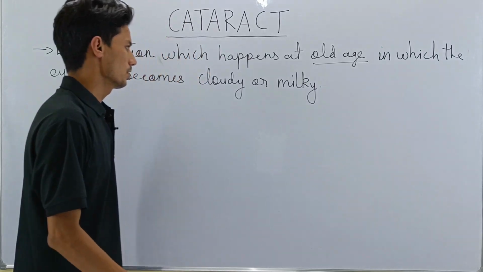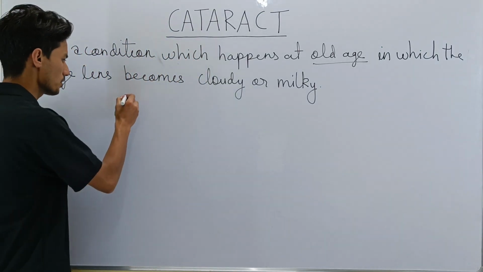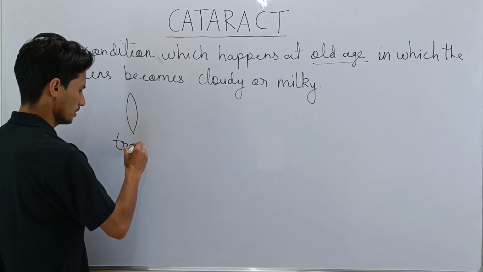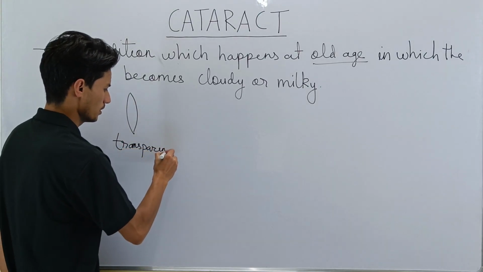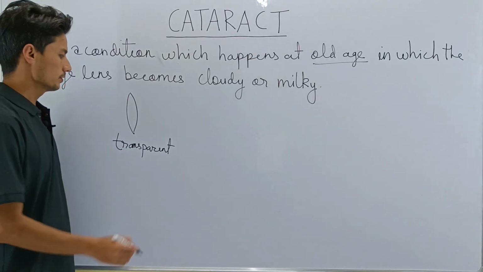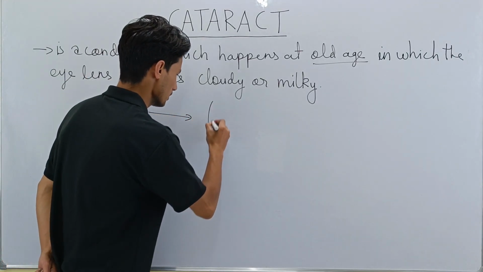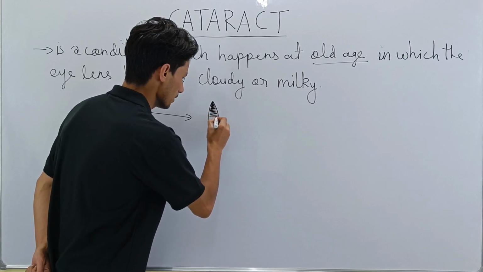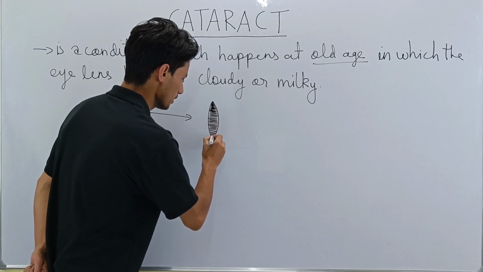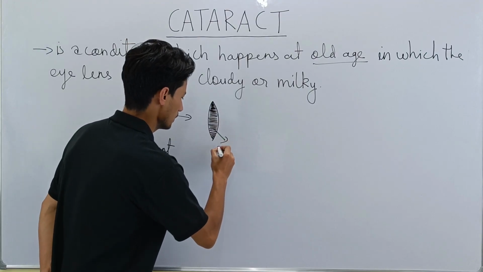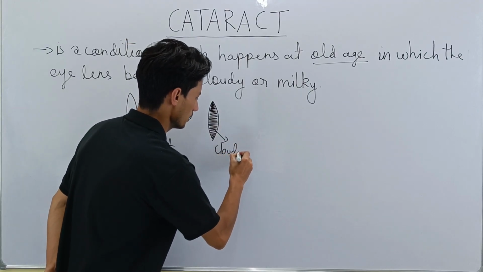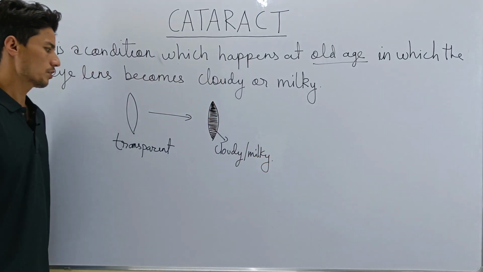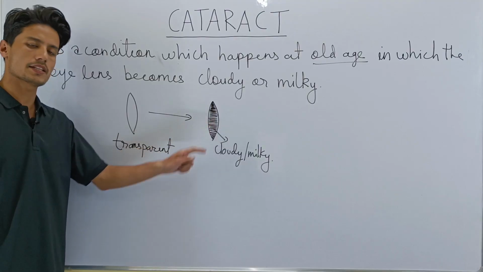In cataract, the transparent eye lens that we have turns or becomes what? It becomes cloudy or milky. So the lens which is transparent becomes like this.